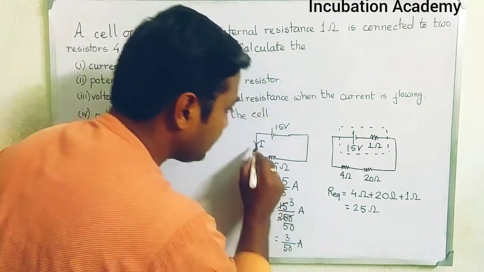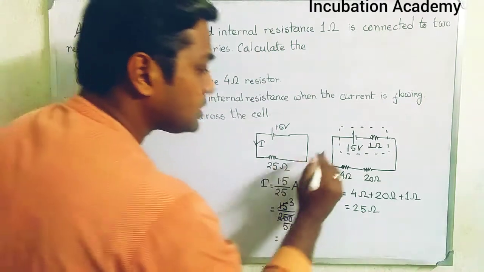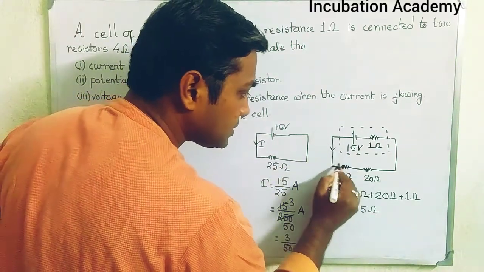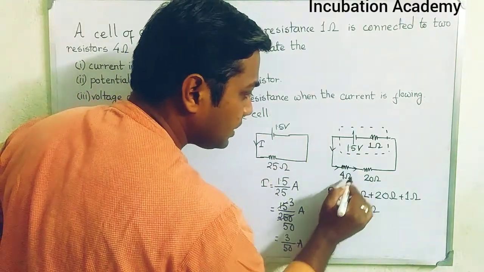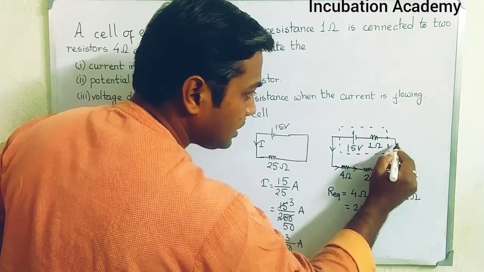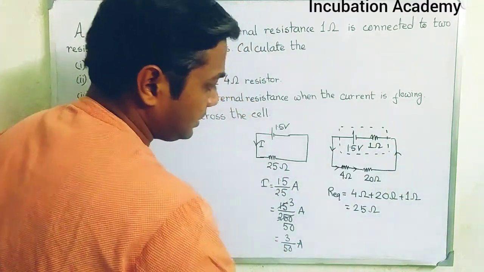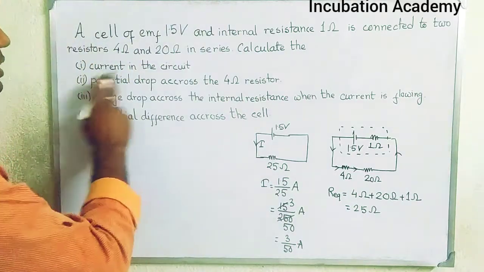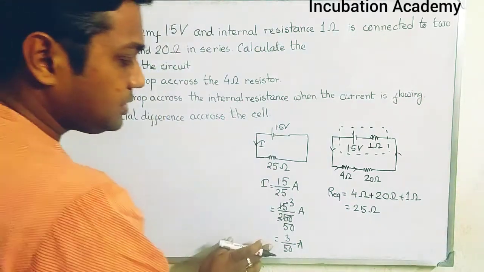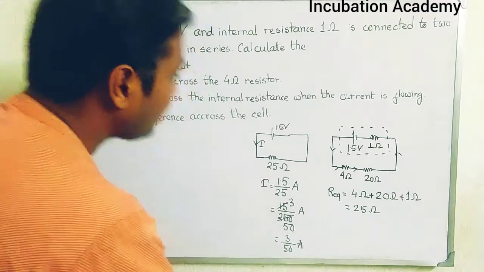This is the current flowing through the circuit. The same current is flowing through this 4 ohm, the same current is flowing through this 20 ohm, and the same current returns to the battery. The current in the circuit we have already calculated, that is 3 divided by 50 ampere.